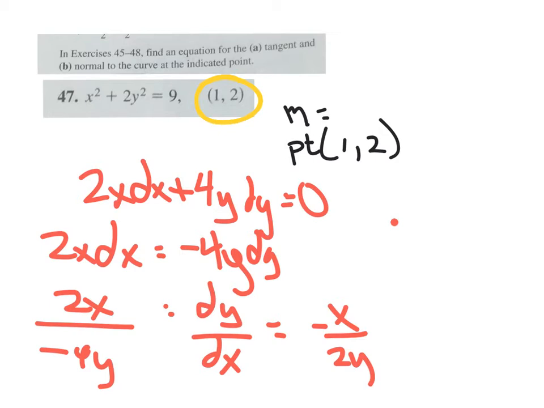So if I put 1 in for the x and 2 in for the y, I think I'm going to find my slope to be a negative 1/4. If that's the slope I'm after, now I just have to put that into the equation.